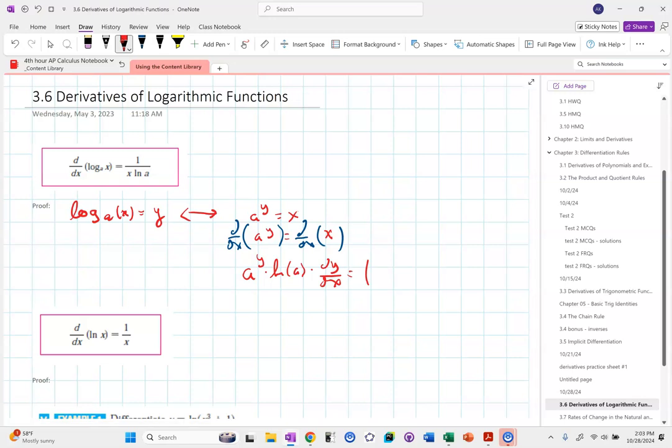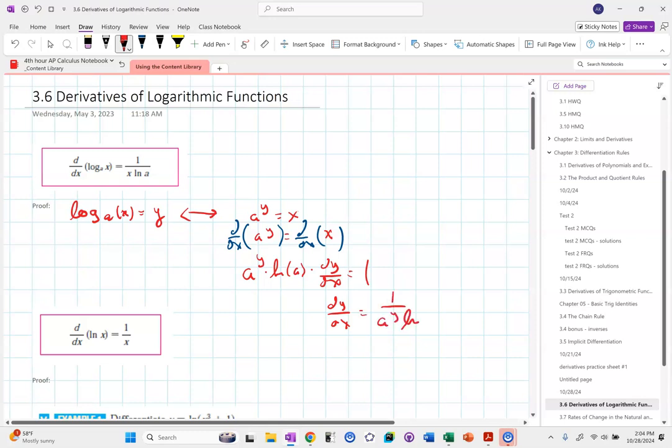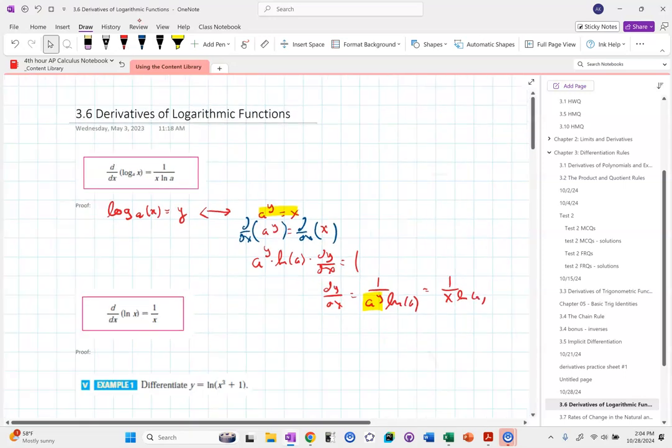And the derivative of x is just 1. So if I divide both sides now by a to the y times the natural log of a, I have this. And what is a to the y the same as? x. So that's our proof.